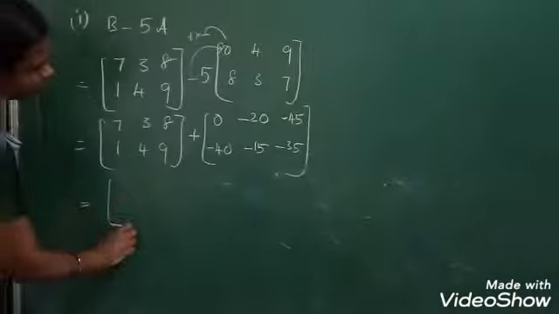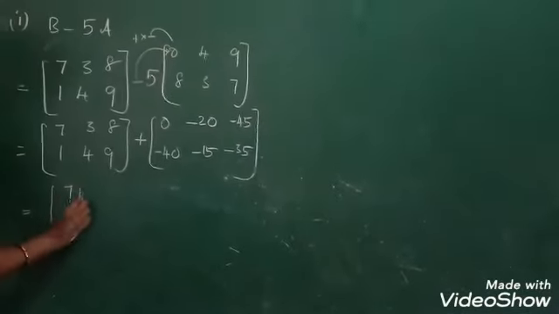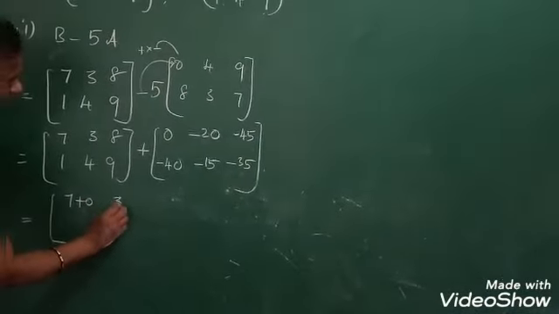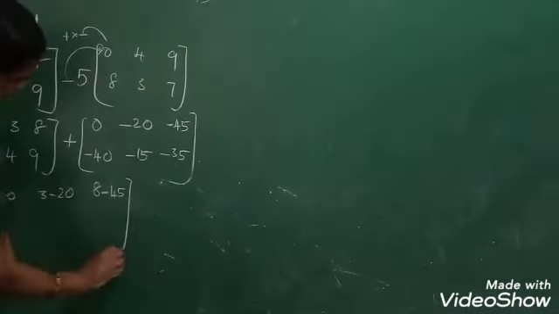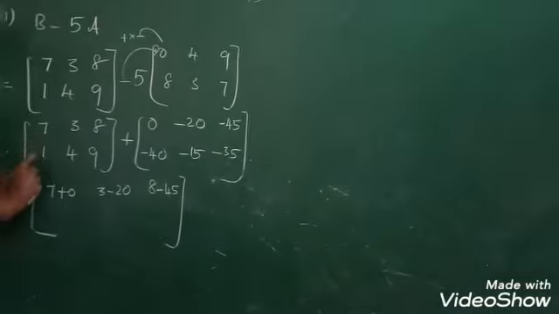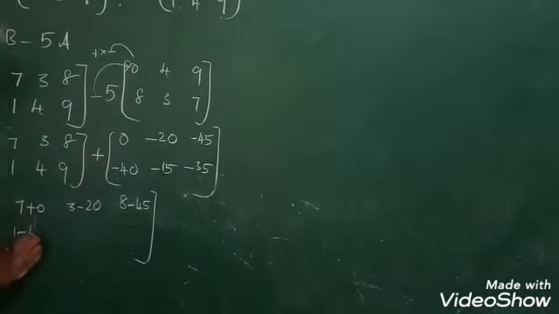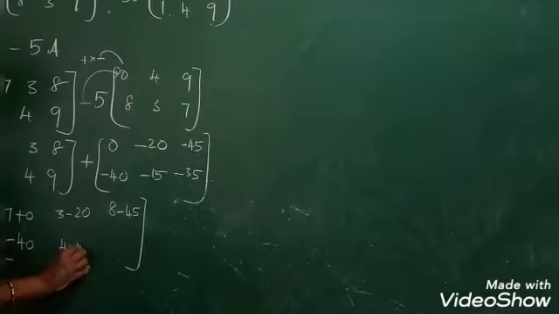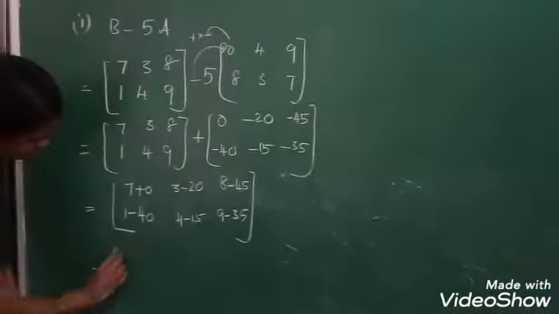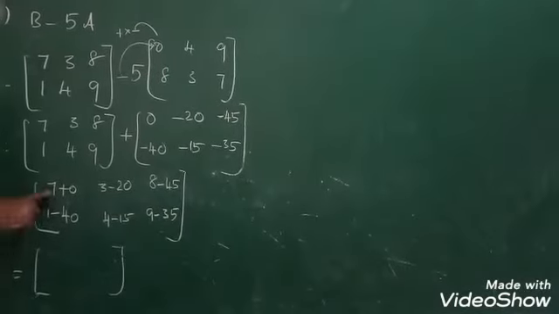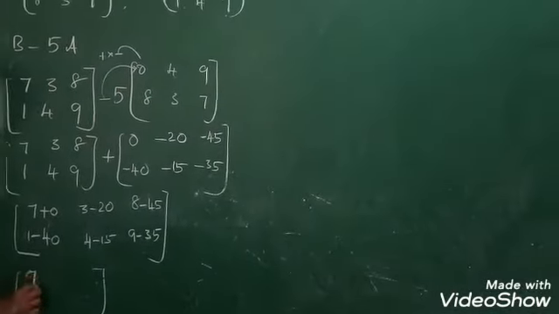Okay girls, now you have to add 7 plus 0, the first element, 3 minus 20, the third element is 8 minus 45. Have you all understood the steps? Next, the second row, 1 minus 40, then 4 minus 15, then 9 minus 35. Now you have the simplification. 7 plus 0, yes, 7.